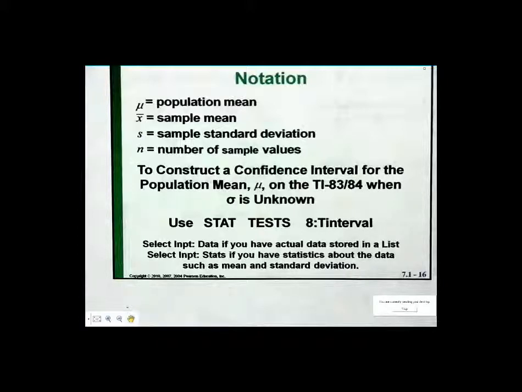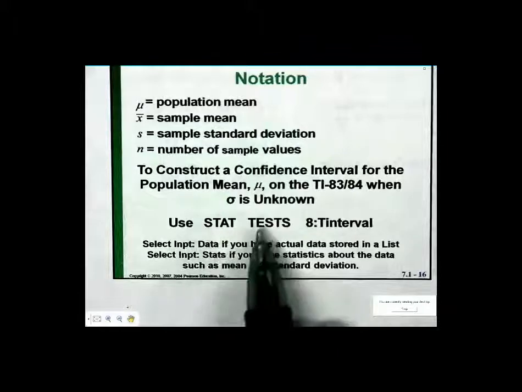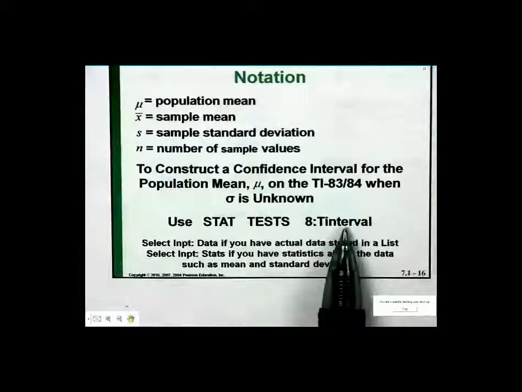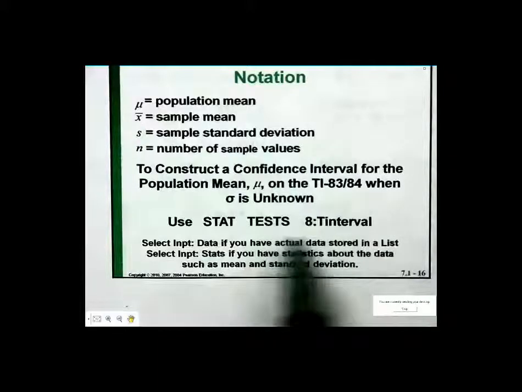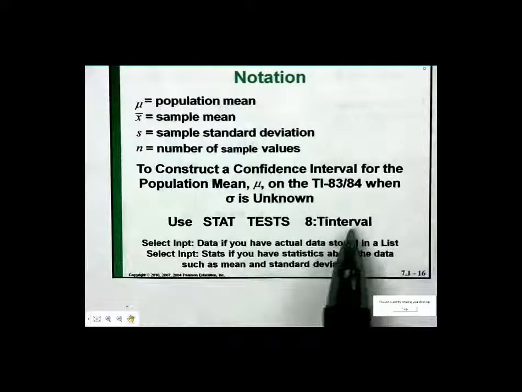To construct a confidence interval for the population mean when sigma is unknown, use stat and test and t interval rather than z interval. When you pull up that screen, again, you're going to have to choose for input either data or statistics.